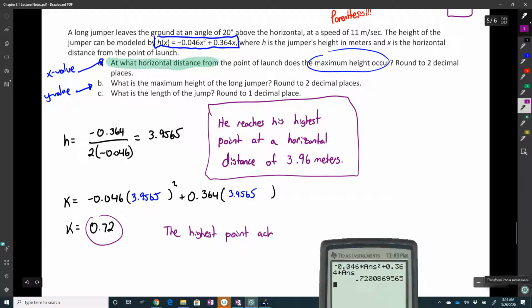And that number seems rather small. Did I type it in correctly? 0.72. h is the jumper's height in meters, x is the horizontal distance.